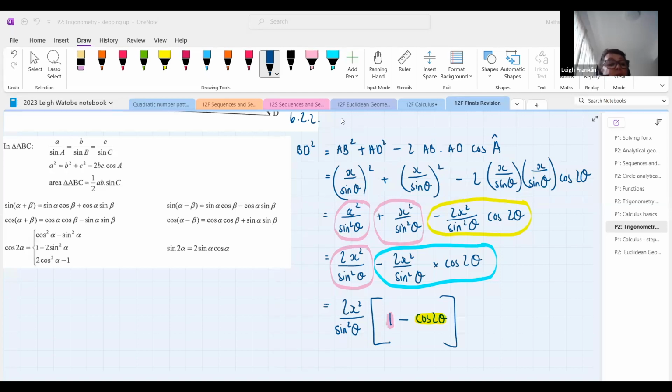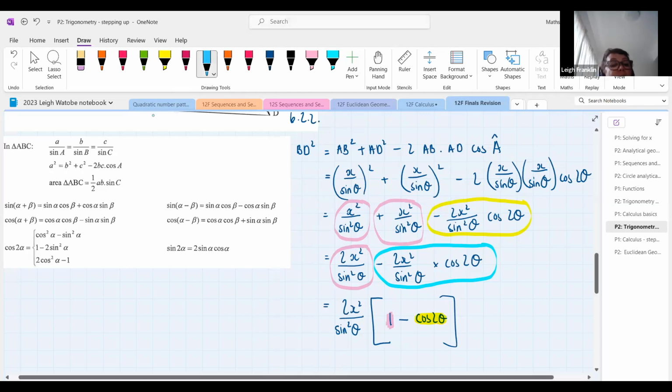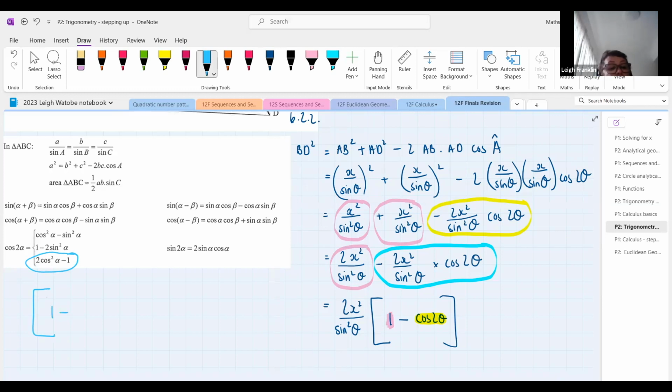That's right, correct. Some of you have picked the wrong one. If I put in 2 cos squared theta minus 1, the 1 is not going to cancel. Why not? Because inside those square brackets, you're going to have 1 minus 2 cos squared theta minus 1.